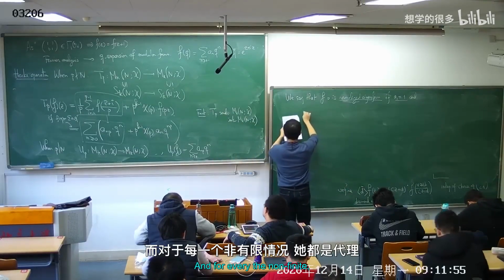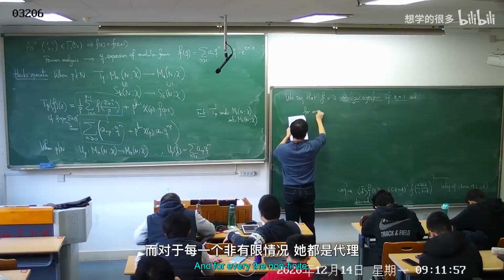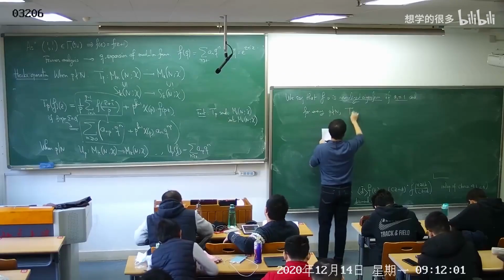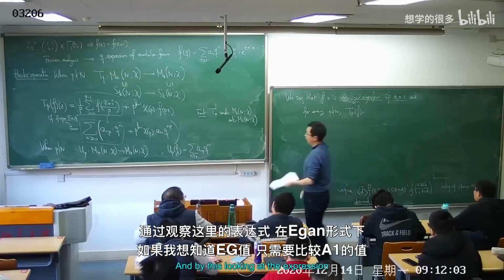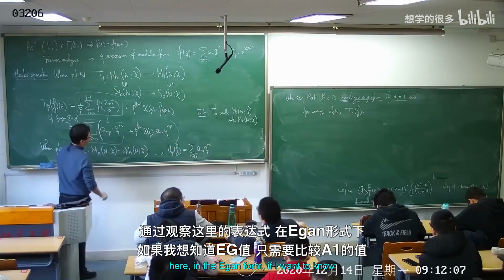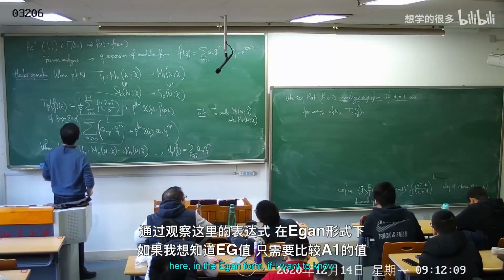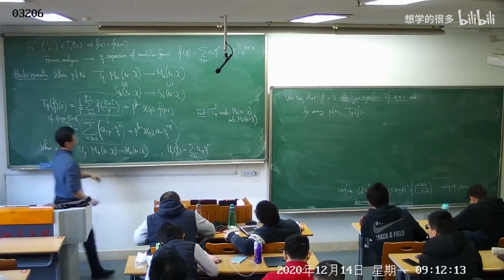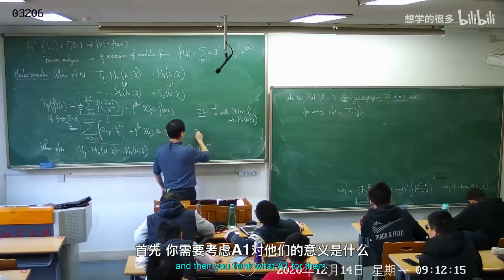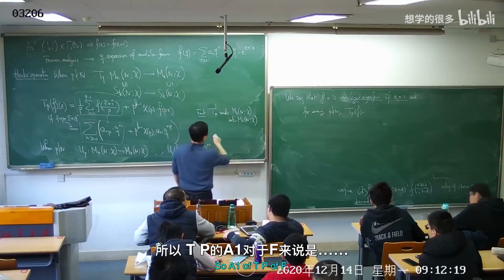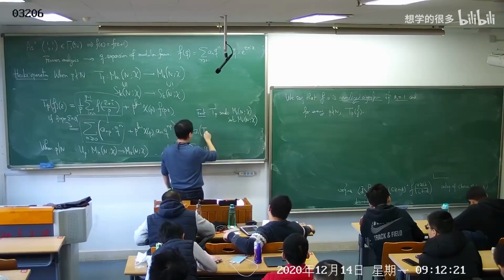For every p not dividing n, f is an eigenform for T_p. And by just looking at the expression here, if I want to know the eigenvalue, I just compare what a_1 is. So the first coefficient in the q-expansion, what's a_1 of T_p of f?